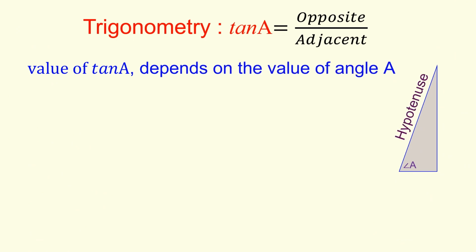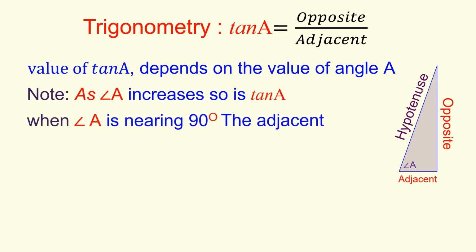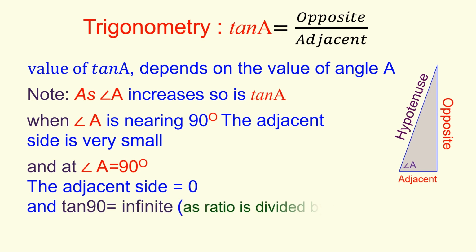Please note here that the value of tan of angle A depends on the value of the angle A. As angle increases, so does the value of tan of the angle A. When angle A is nearing 90 degrees, the adjacent is very small. And at angle A equals 90 degrees, the adjacent is 0. And tan 90 is infinite, as this ratio is divided by adjacent, which is 0.